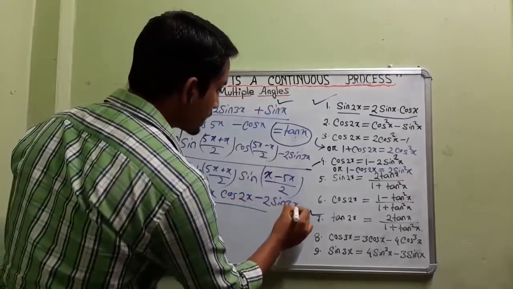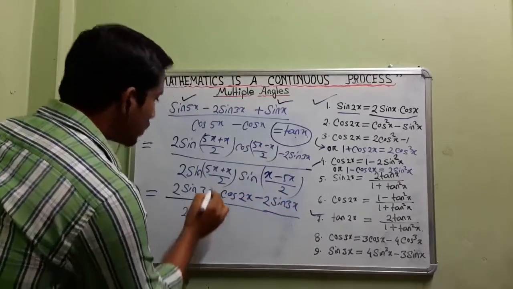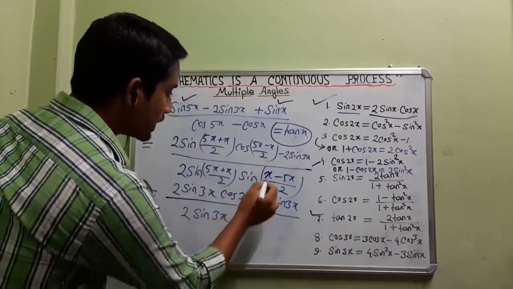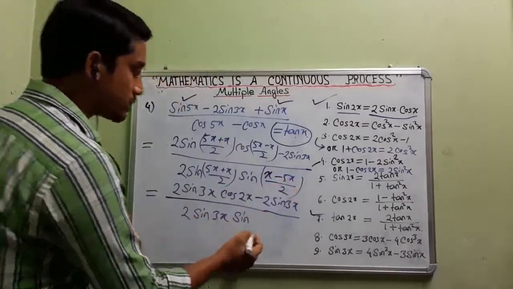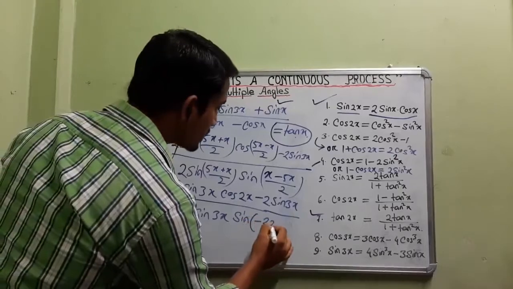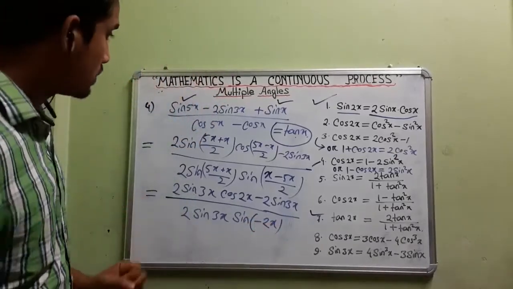Divided by, in the denominator, 2 sin 3x into sin of (x minus 5x) by 2, that is minus 4x divided by 2, minus 2x. We got this much.